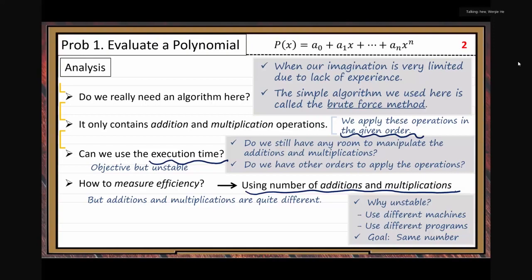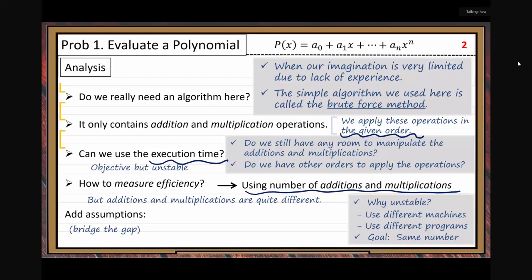In order to do comparison and make our comparison fair, we need to make some fair assumption in order to consider additions and multiplications together. So let's make this assumption.